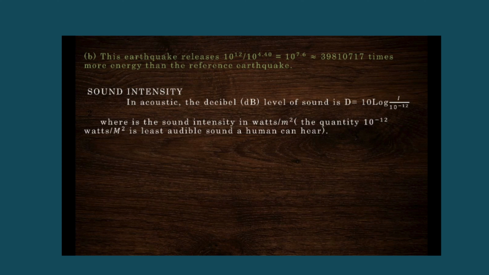So, sound intensity. In acoustics, the decibel (dB) level of sound is D equals 10 log of I over 10 to the power of negative 12, where I is the sound intensity in watts per square meter. The quantity 10 to the power of negative 12 watts per square meter is the faintest audible sound a human can hear.